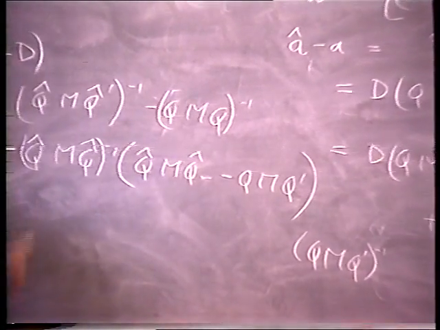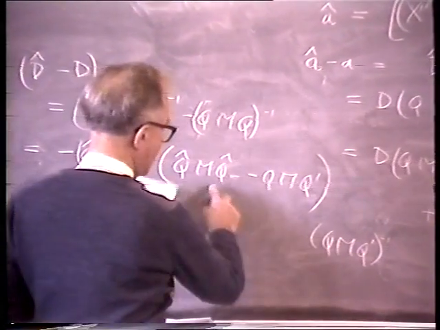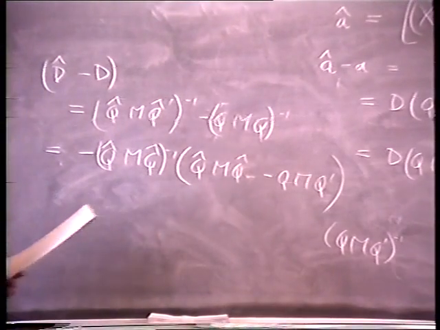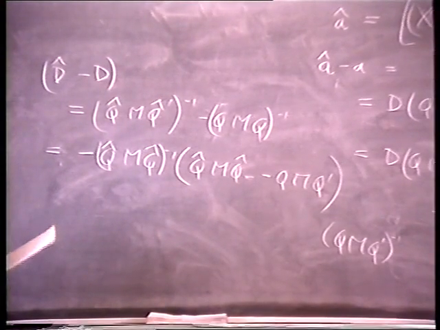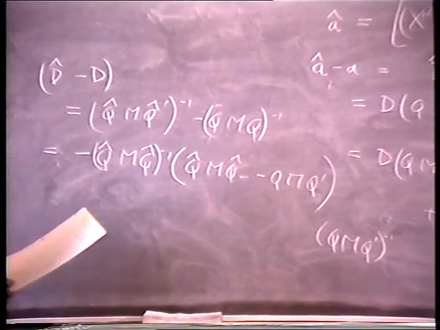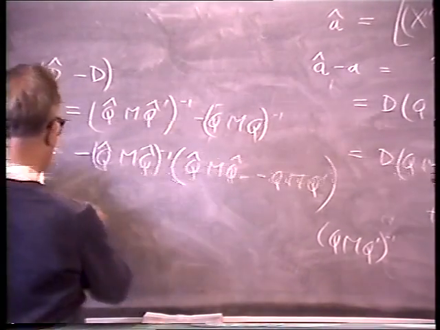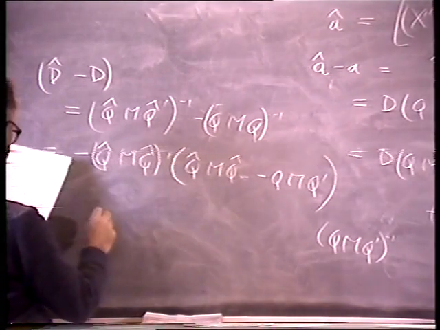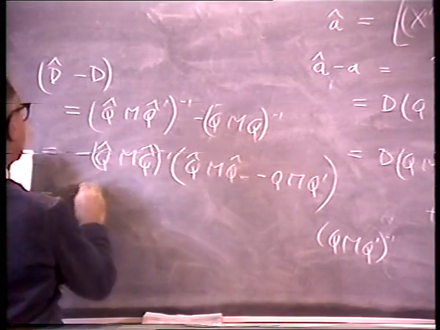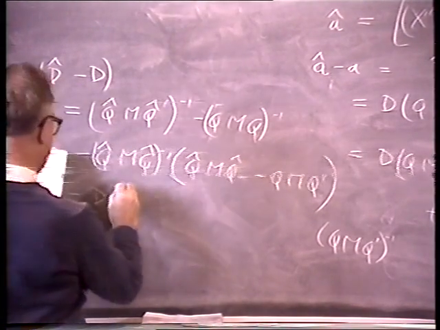Well, of course, this is d hat, this is d. In the middle we've got d hat minus d. It's a fairly obvious kind of result. And we can write it in the form minus d.